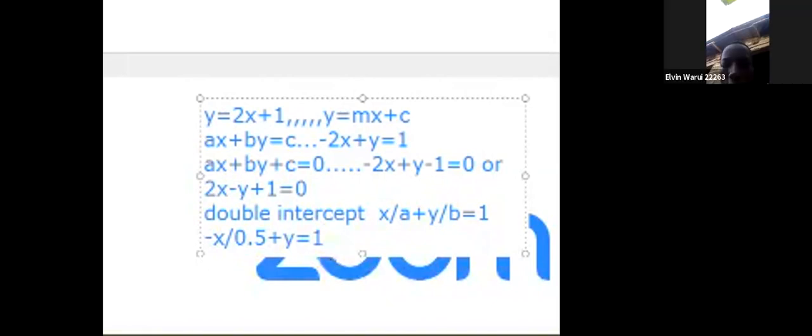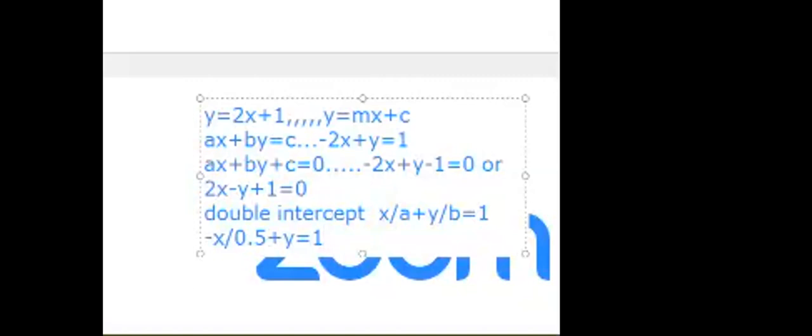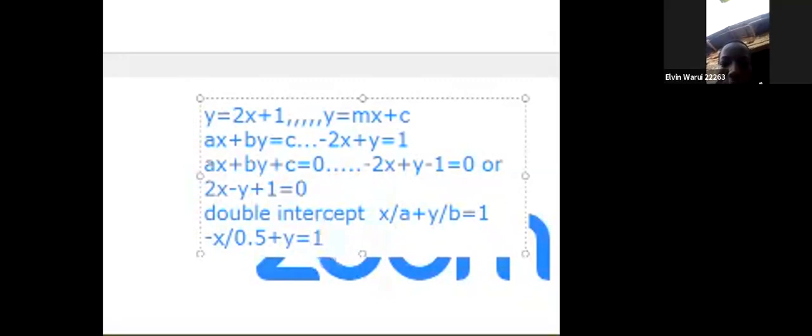What is the relationship between the double intercept and the equation ax plus by plus c is equal to 0? The relationship is that on the right hand side we are supposed to have 1, and the coefficients of x and y are supposed to be fractions.